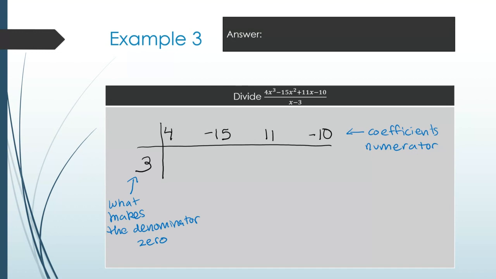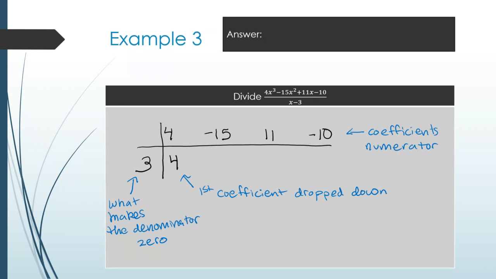Now, the first spot is always going to be the same as what's above it. So this is always the first coefficient dropped down. And now you have it set up. From here, all we do is multiplication and addition.